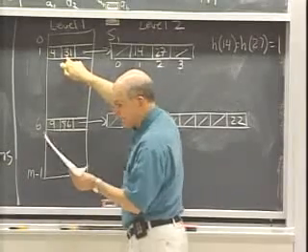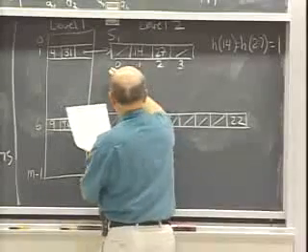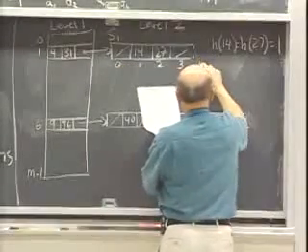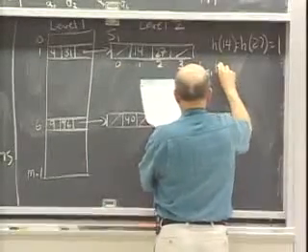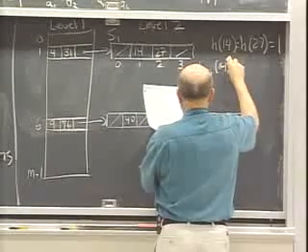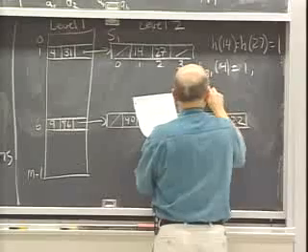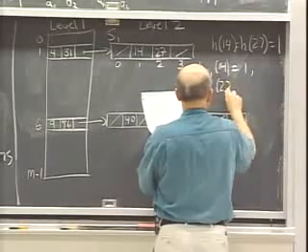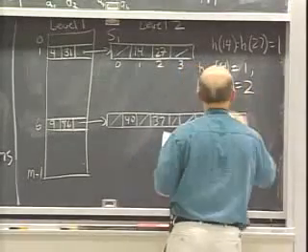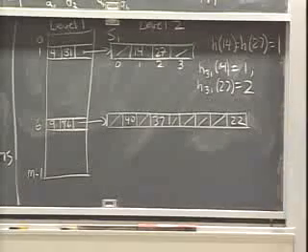And I'll show you how we find those. So we have then h31 of 14 is equal to 1. h31 of 27 is equal to 2 for level 2.